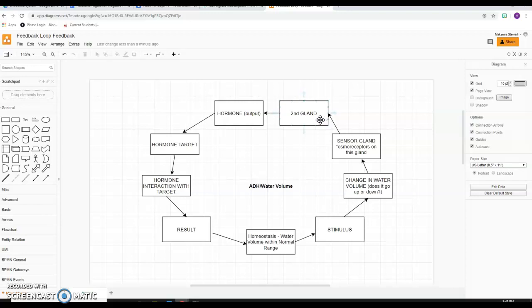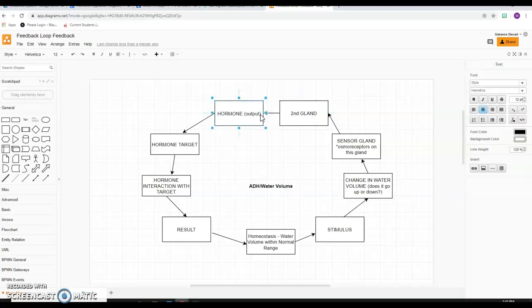The second gland will then secrete the hormone, which I'll go ahead and tell you, and this isn't a secret, it's antidiuretic hormone, or ADH. So really that's what needs to go in this box.